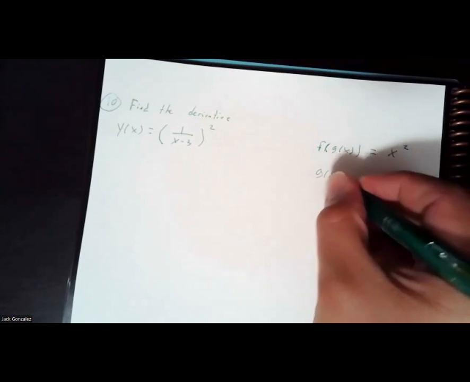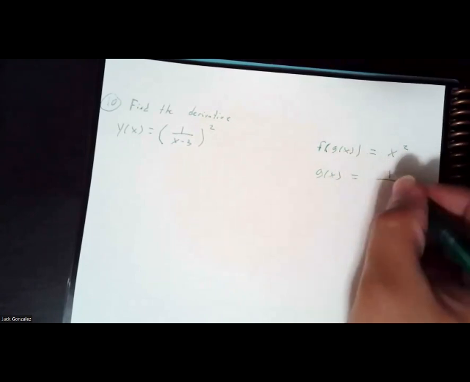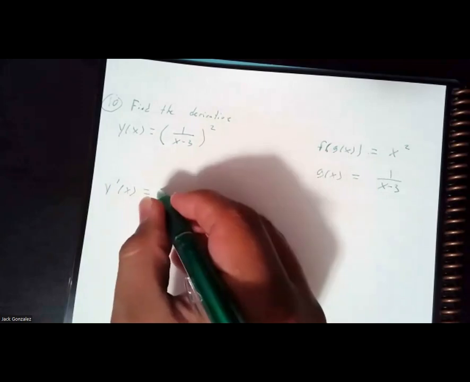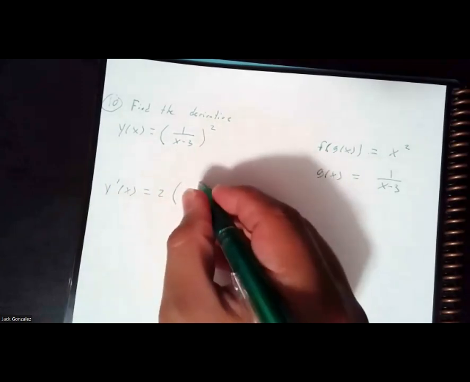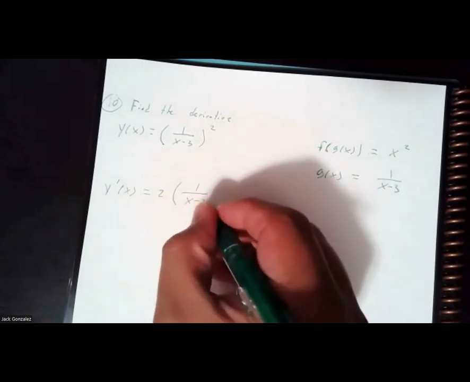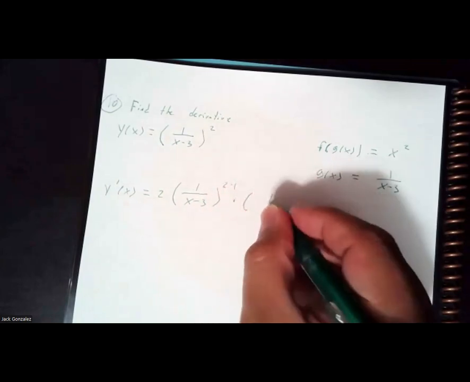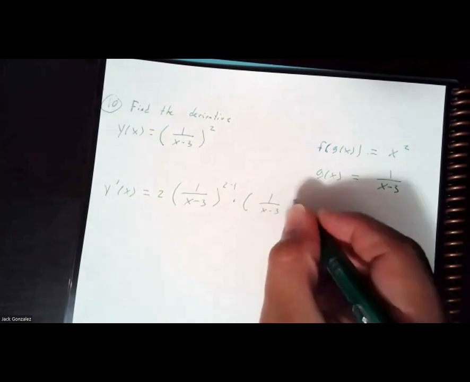The inner function we'll just call g. Keep it simple. So the derivative using the basic prime notation is equal to, bring down the 2, subtract 1, times the derivative of the inside.